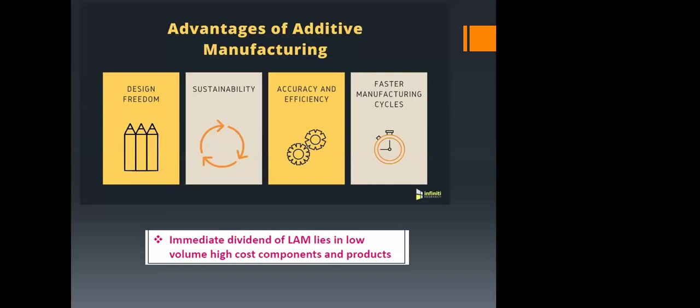But in additive manufacturing, during the process, we can change the design, we can change the orientation of the cutting tool, the orientation of the product plane. We can change anything, we can even change the direction of material flow. So these actually encompass the design freedom in additive manufacturing.